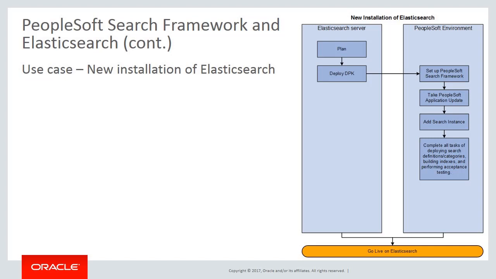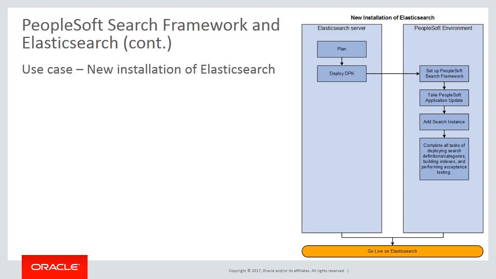You need to refer to PeopleSoft application's Elasticsearch updates and fixes on My Oracle Support, Doc ID 2181988.1. That the PeopleSoft application is on PeopleSoft PeopleTools 8.56 and higher patch level. That you want to use Elasticsearch as the search engine for the PeopleSoft search framework.